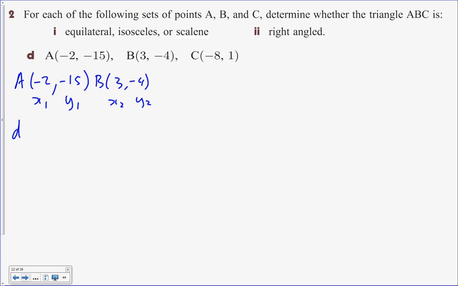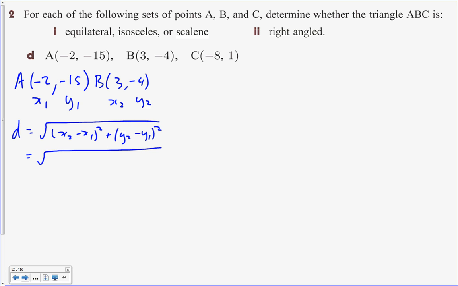So D equals square root x2 take x1 squared plus y2 take y1 all squared equals square root x2, which is 3, take -2 all squared plus, oh, wrong colour here, y2, which is -4, take -15 all squared.